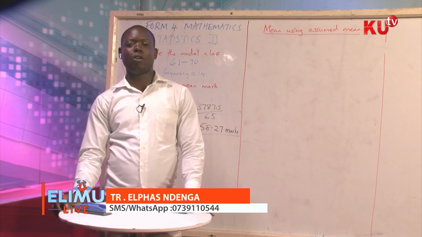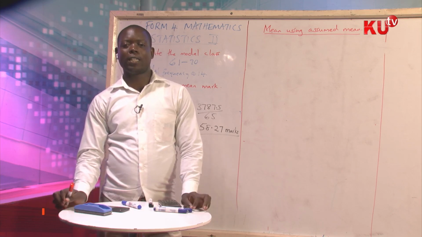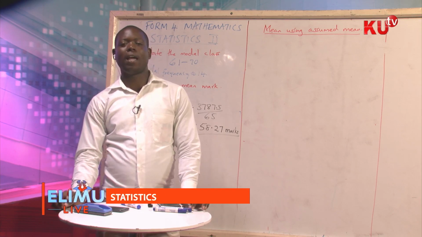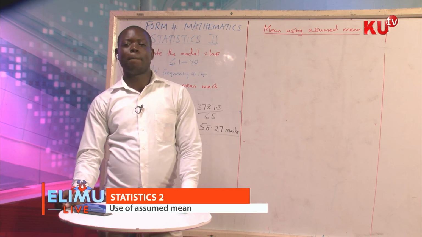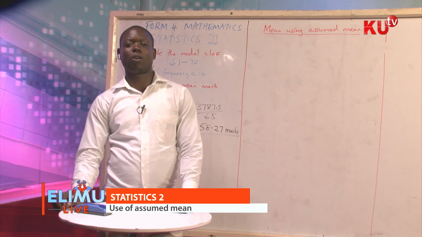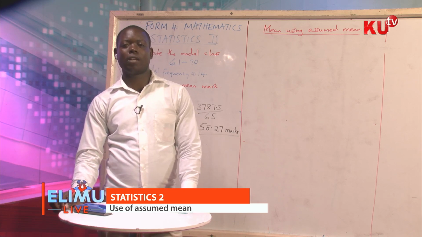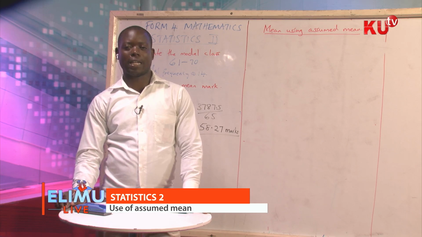So we shall have to know, what do we do when we are given an assumed mean? First, the assumed mean is applied to what we call grouped data, which is data organized in groups we call classes.